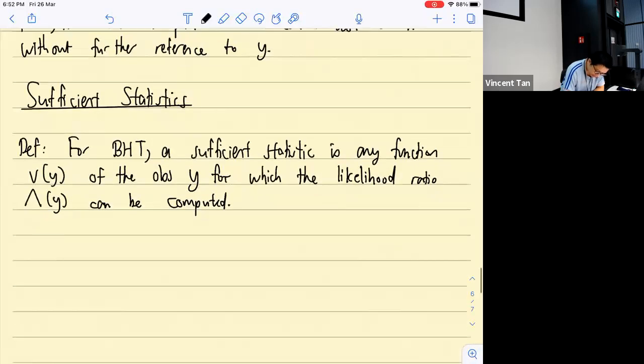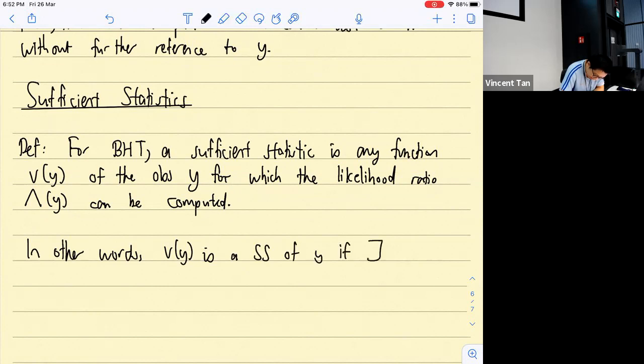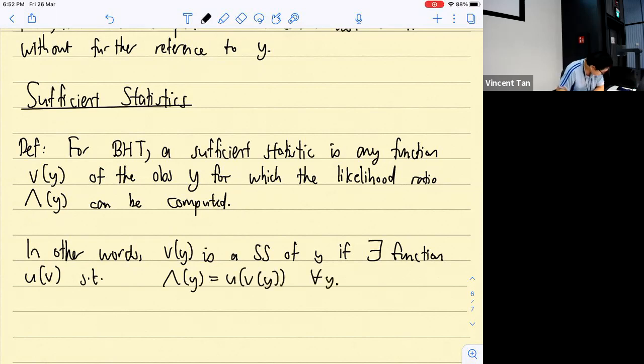In other words, v of y is a sufficient statistic of y if there exists another function u of v such that lambda of y is equal to u of v of y for all y.